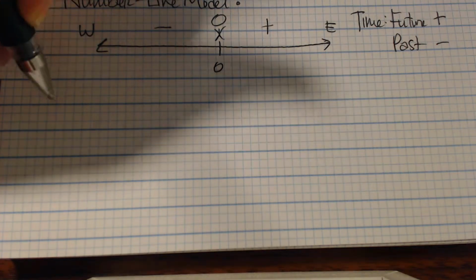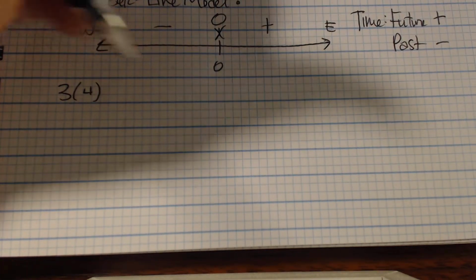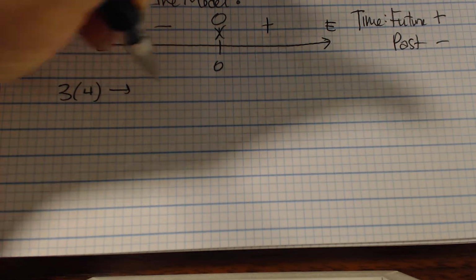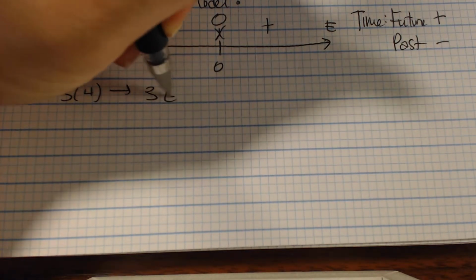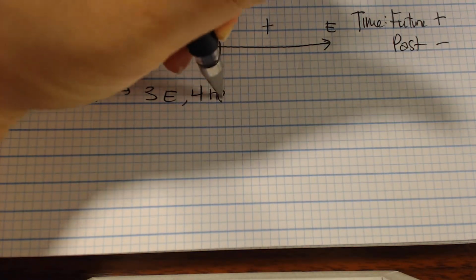So if we talk about 3 times 4, this situation would be that you are moving 3 east for 4 hours into the future.